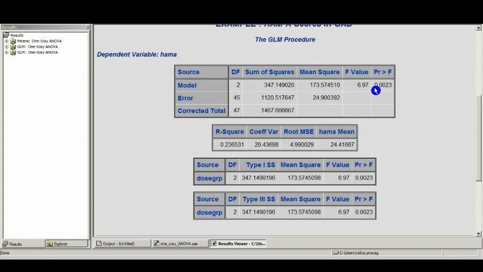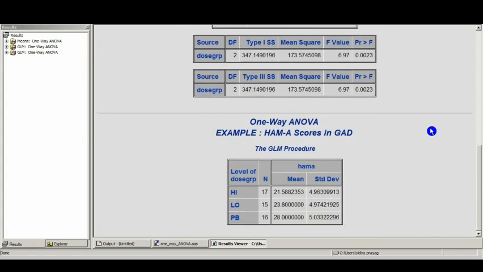So it is 0.0023. So what would you suggest? Since this p value is far less than the level of significance 0.05, you are going to reject the null hypothesis.